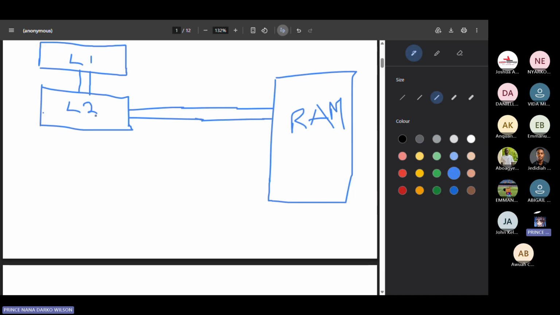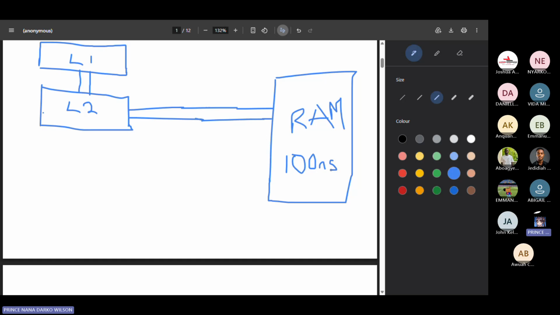Let's say that the distance between level 2 and the RAM makes it so that whenever level 2 tries to get information from RAM, it spends a lot of time. So let's say the time that RAM will use to give you the data you need is exactly 100 nanoseconds.